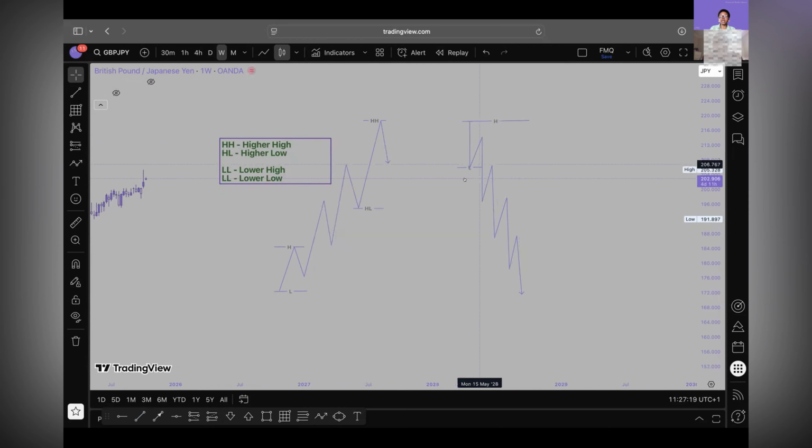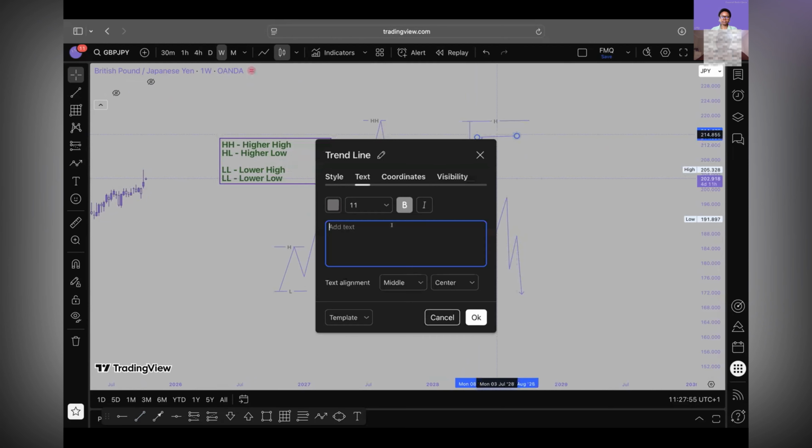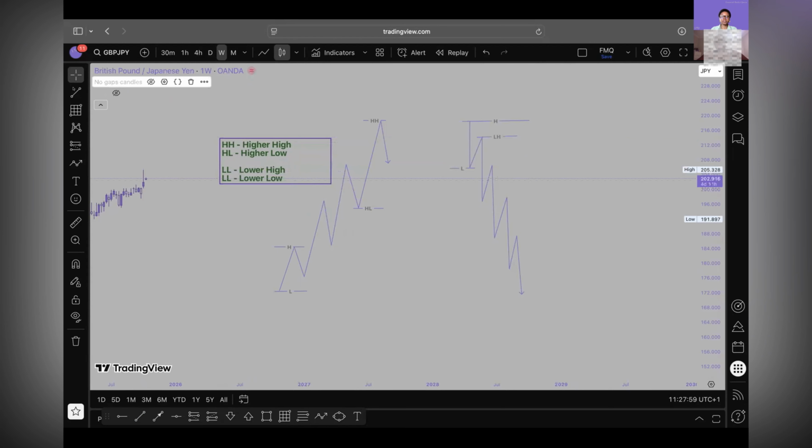Now, price broke that low downwards, making this one a recent lower low. While this one is the high, this one is now going to be the lower high, because this high is lower than this high. That means this is the new lower high, LH. Now it has created a lower low.